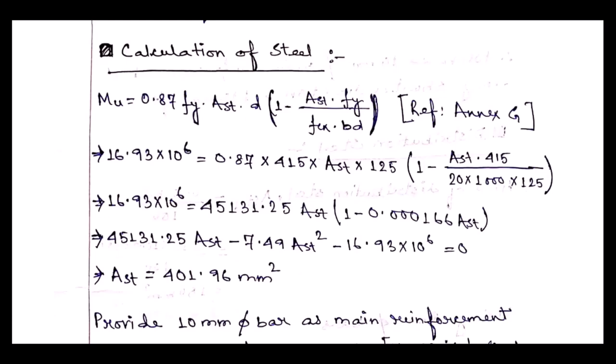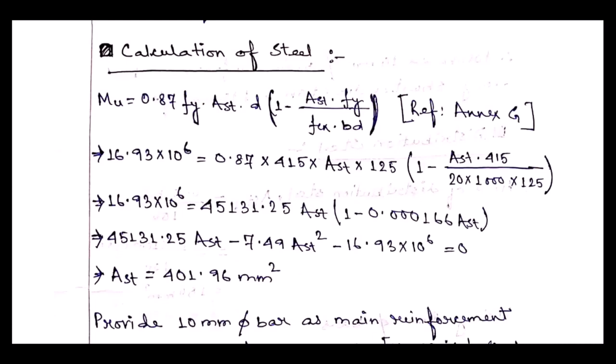For calculation of steel, we have to use the formula for Mu from Annex G of IS 456-2000, and the formula is Mu is equal to 0.87 Fy into Ast into d within bracket 1 minus Ast into Fy by fck into b into d, bracket close. If we put all the values except area of steel, then we will get the area of steel, that is Ast.